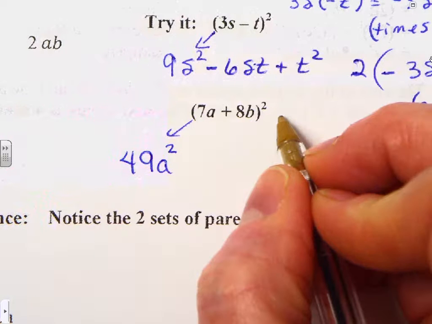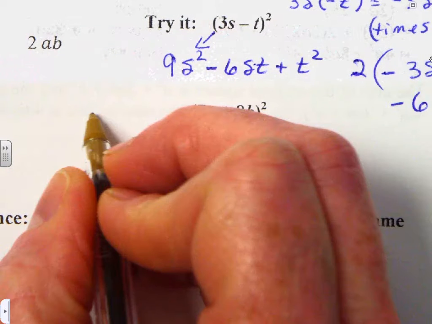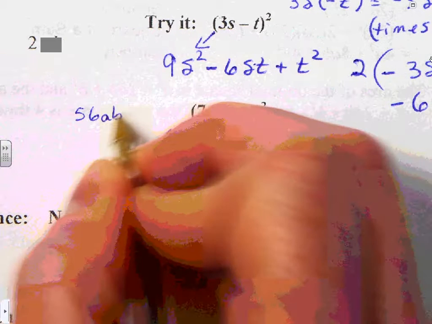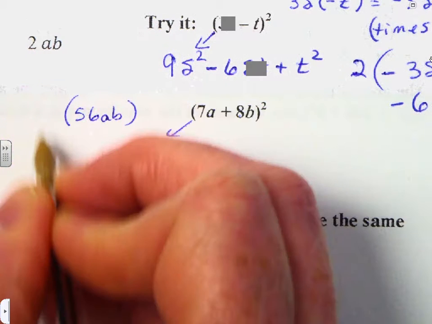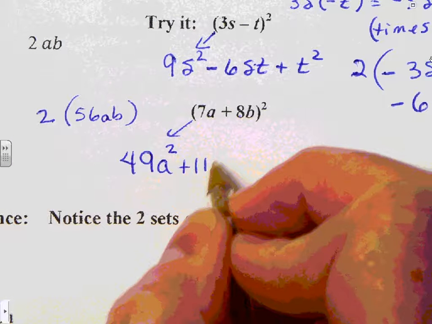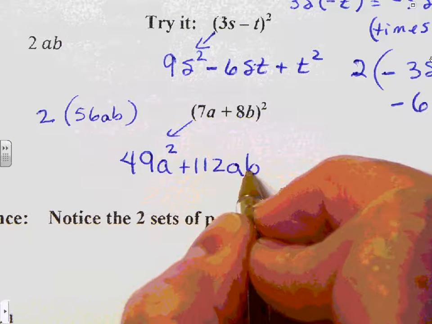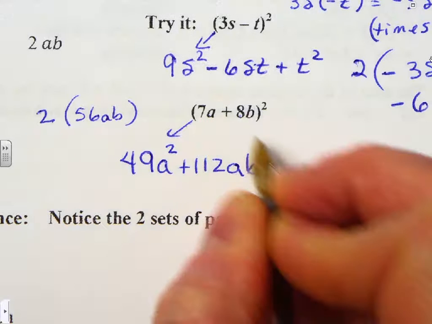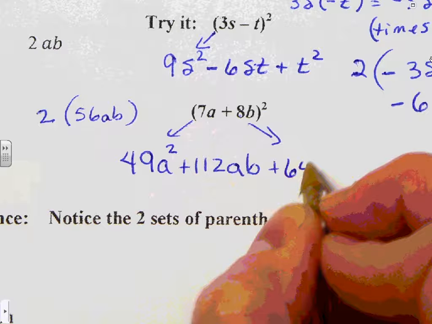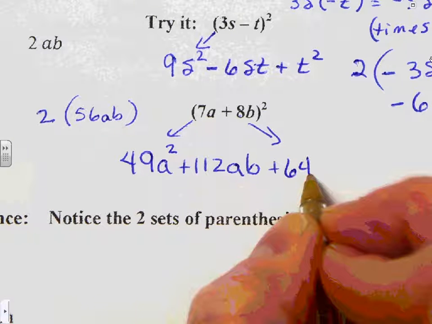So what is 7 times 8? 56. And what is a times b? ab. But how many of them do I need? 2 of them. So that's going to make your 112ab. And now square the last term. 8 times 8 is 64, and b times b is b squared.